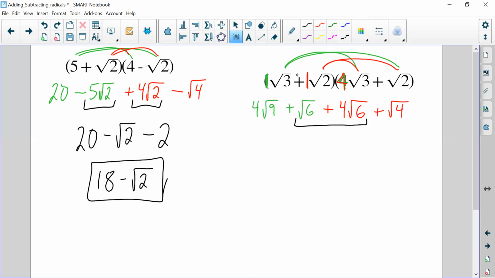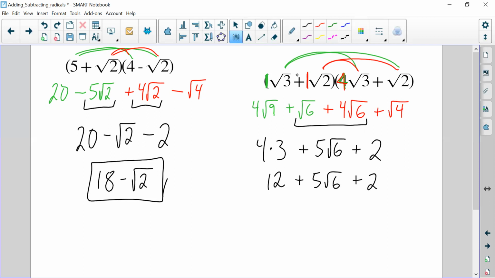First of all, the two middle, I got 1 rad 6 plus 4 rad 6. That must be 5 rad 6. This is 4 times the square root of 9, which is 4 times 3. And that's just 2. 4 times 3 is 12. 12 plus 2 is 14. And there you go.